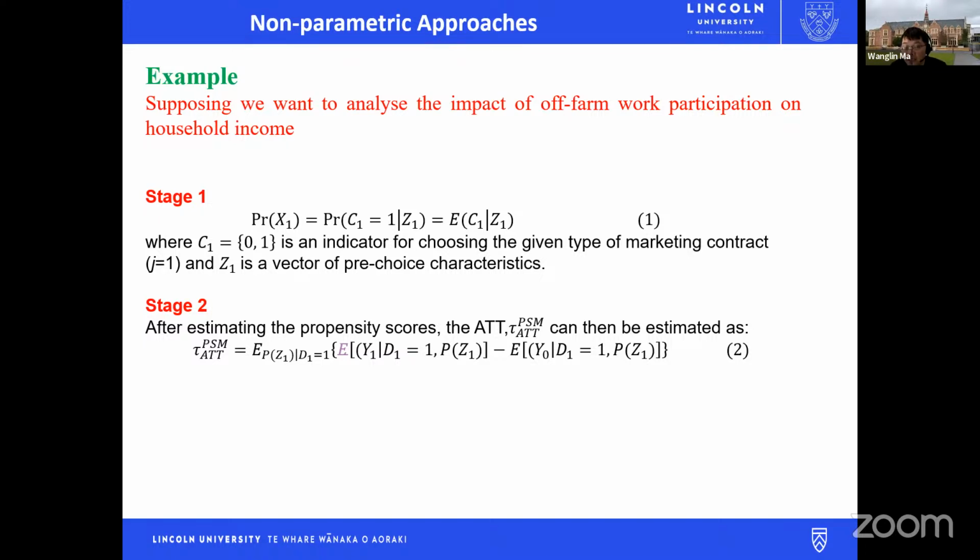Z1 is a vector of pre-choice characteristics, for example, a person's age, gender, education level, household size. So for Destiana, whether you choose to work off the farm, your decision is influenced by your age, your gender, your education level, your household size, or something else.